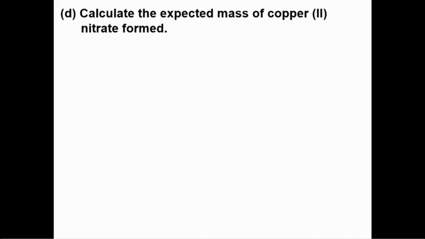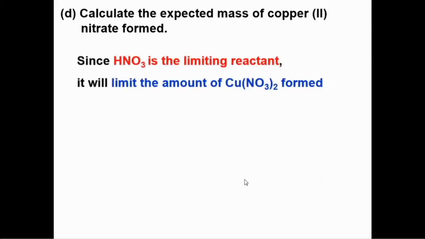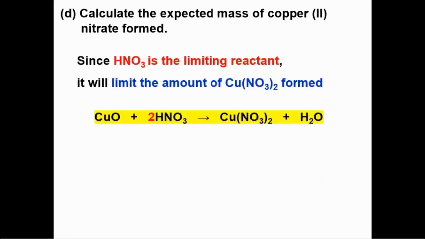Okay guys, so now let's look at how to solve this problem. Once again, since we have determined that nitric acid is the limiting reactant, this nitric acid will limit the amount of copper(II) nitrate formed in this reaction.